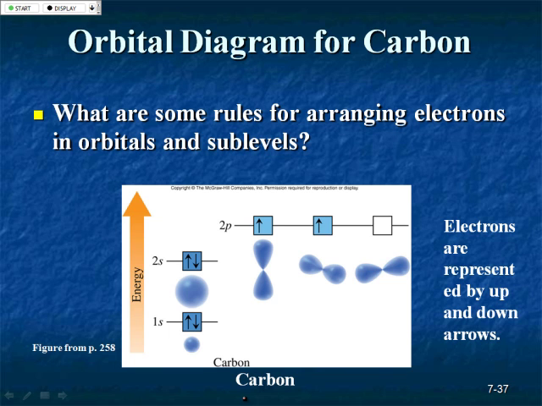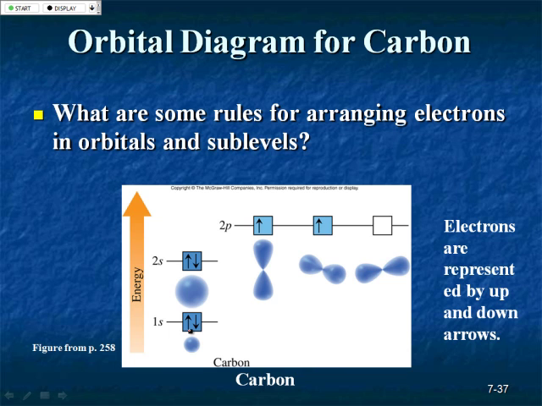So for example, this was carbon. 1 represents the principal energy level, n equals 1, s is the orbital, it has 2 electrons, so we write 1s2. Then comes the next box, 2s, it has 2 electrons, so we write 2s2. Then comes the 2p level, it has only 2 electrons in carbon, so we write 2p2.